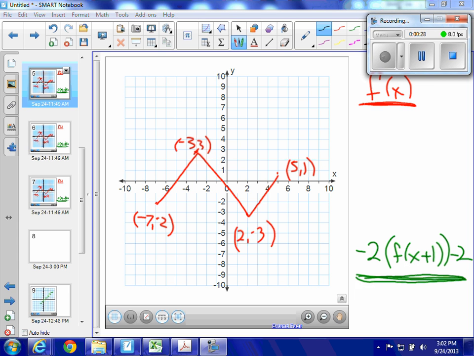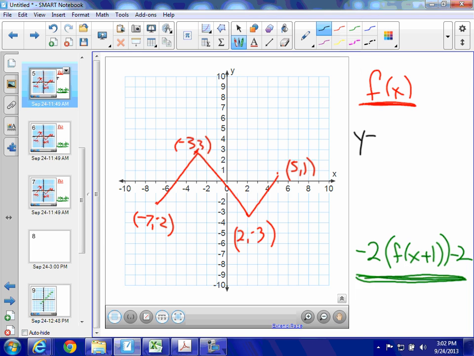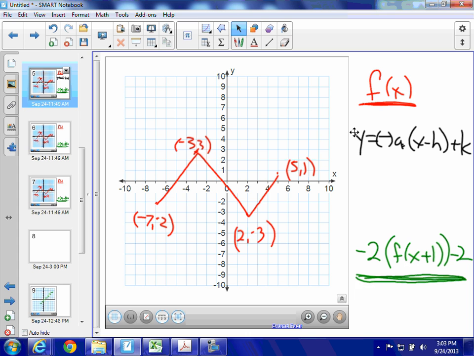Because you remember I'm looking at y is equal to, sometimes there's a negative, a times x minus h plus k. This is the format for virtually all of our transformations. So I can see that I have a negative sign.